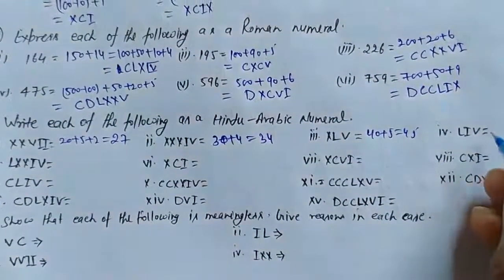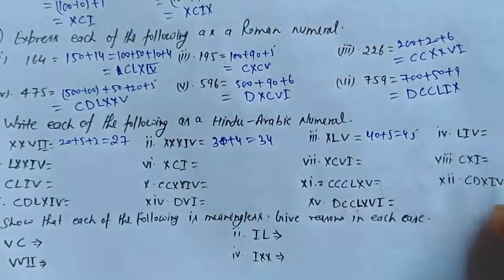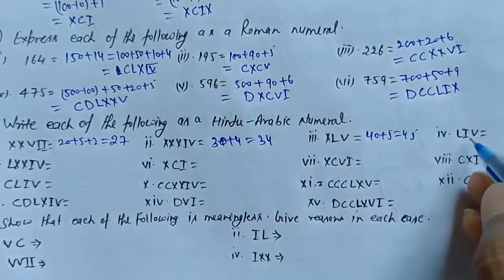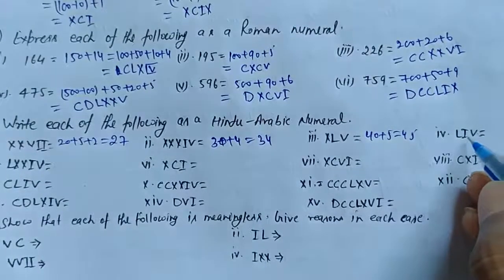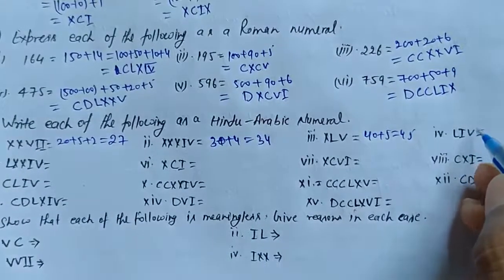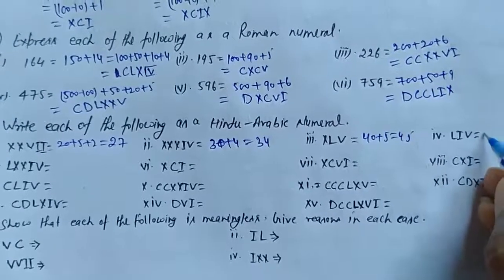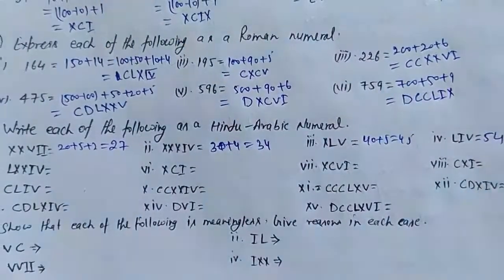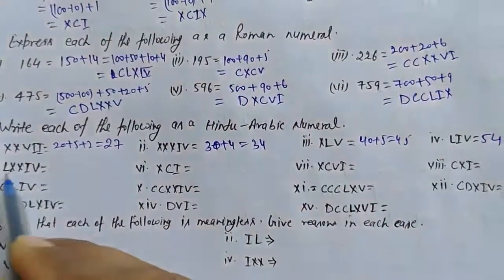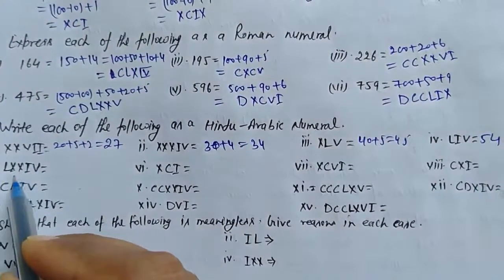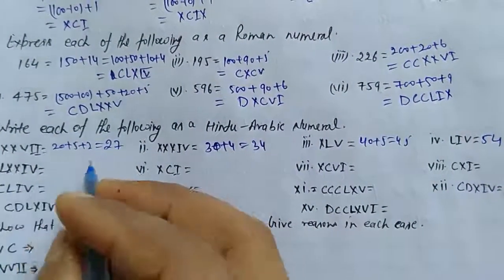Next is LIV. L is represented for 50, I is 1, V is 5, that is lower, that is IV is 4, L is 50, 50 + 4, 54. Next is L 50, 2 times X, 50 + 20, 70 + 4, 74.